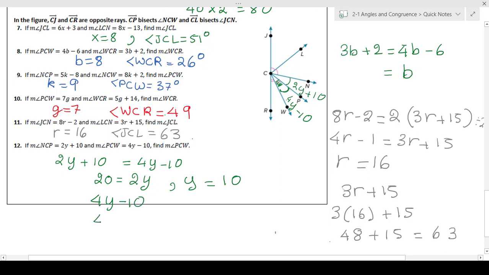We're going to substitute with the 10 minus 10. And this will give me 40 minus 10, which is equal to 30. So my y here is equal to 10, and angle PCW is equal to 30 degrees.